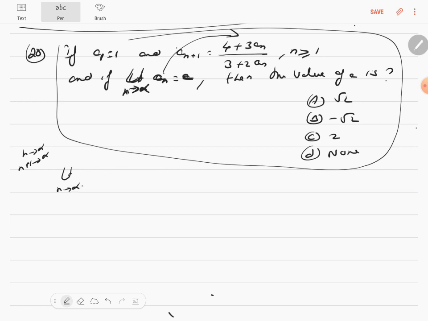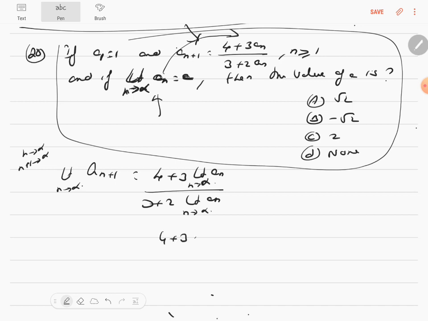We are going to do a limit for a of n plus 1. Limit of this, where this will be 4 plus 3 into limit of a n, where n is tending to infinity, by 3 plus 2 into limit of a n, where again n is tending to infinity. And you know limit n tends to infinity, a n itself is a. So you get a equals 4 plus 3a by 3 plus 2a.